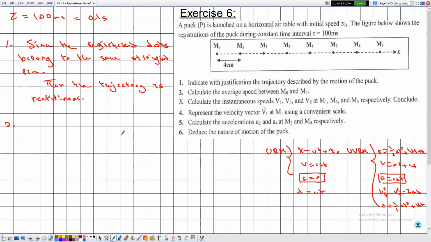Now in number 2, they are asking us to calculate the average speed between m0 and m7. So V average is given by d over delta t. And here they are asking us between the points m0 and m7, so the distance from m0 to m7.